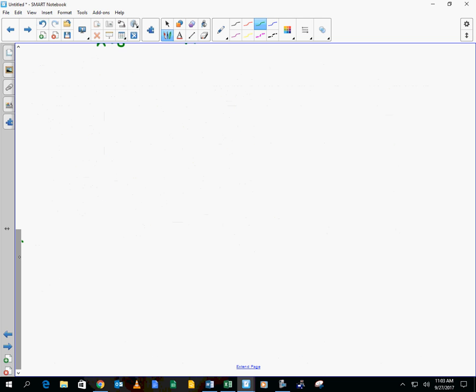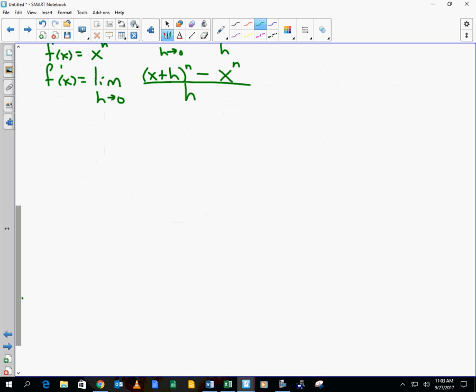As I expand this, I have the limit as h goes to 0 of, what will your first term be? x to the nth. Very good. So your next coefficient will be whatever the power is, right?